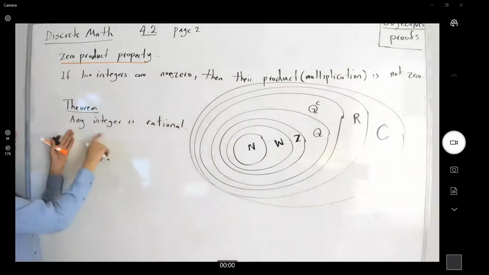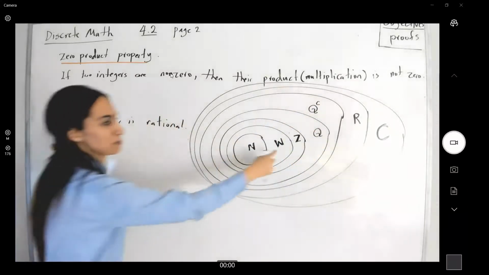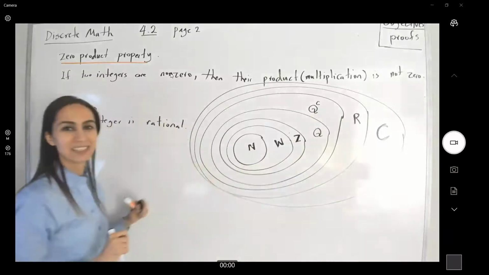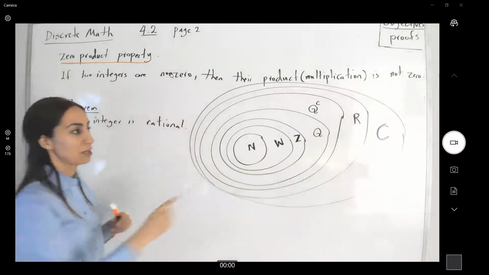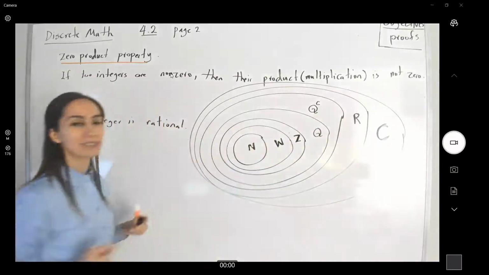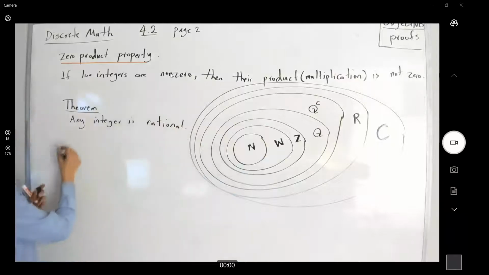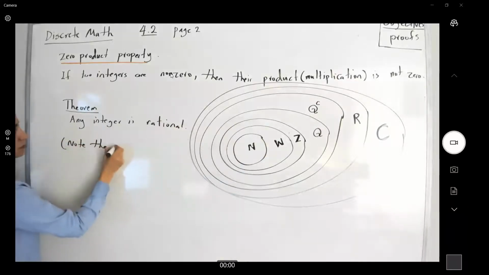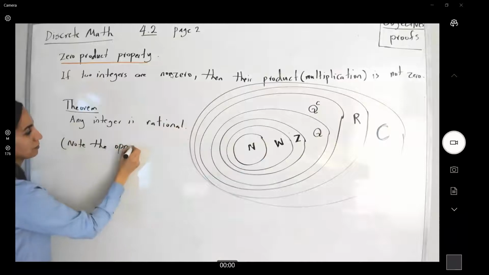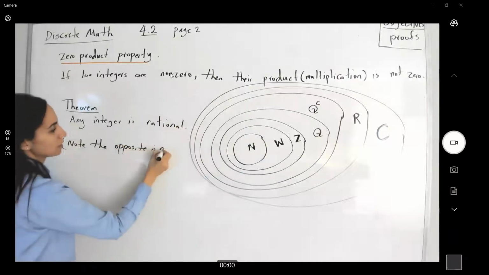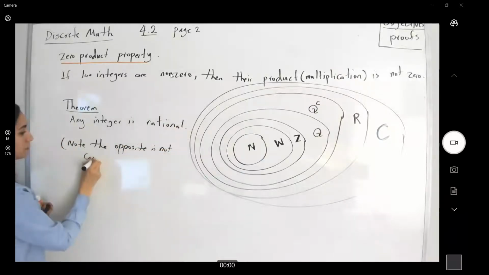So any integer is rational, but the opposite is not correct. Note that the opposite is not correct.